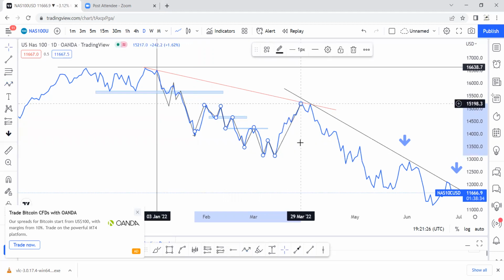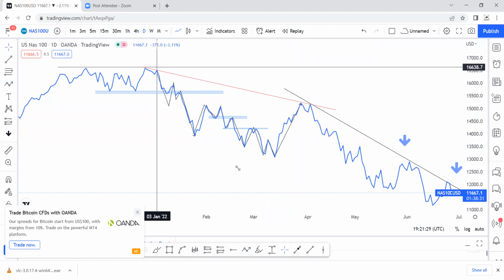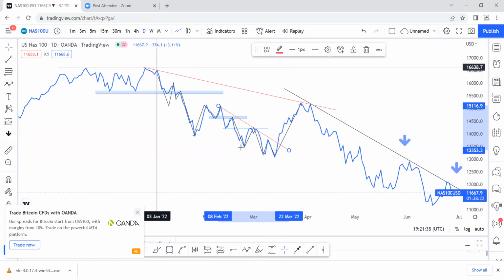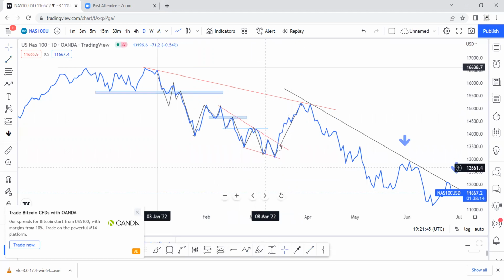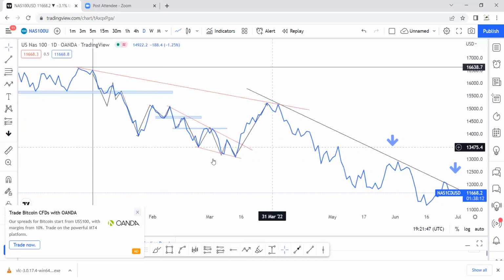And on its way up, remember, we have a certain trend here. You can see that we have a certain trend here. So it means the trend was also broken, which gives us more confirmation to the upside.